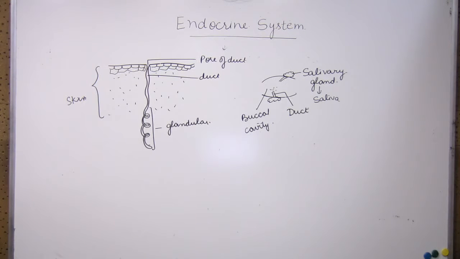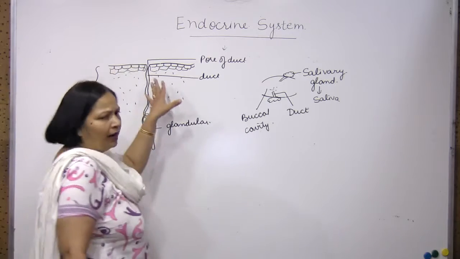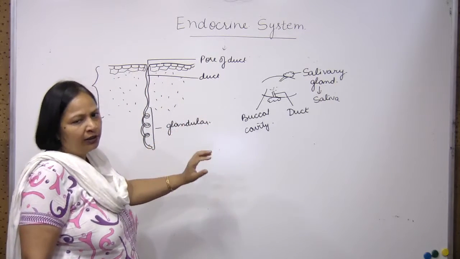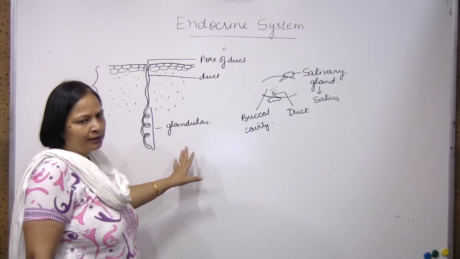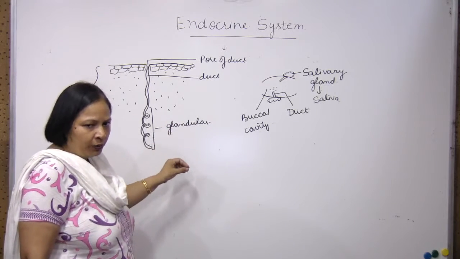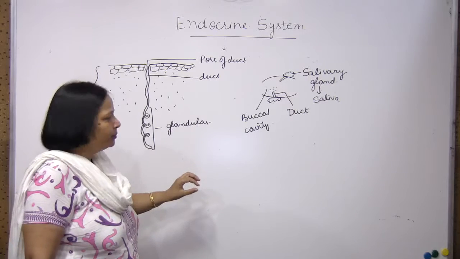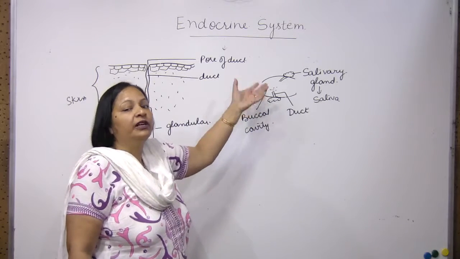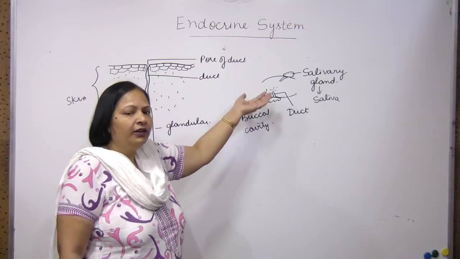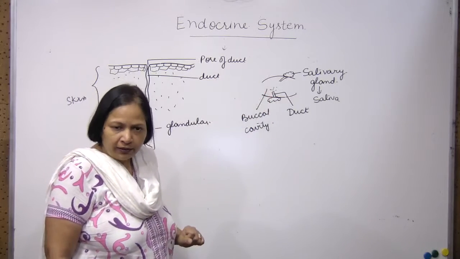Right, students? So now you know how exocrine glands function. Exocrine glands secrete certain substances, they secrete watery fluid, they secrete enzymes, and they pour their secretions through ducts. Where do they pour their secretions? Where these secretions are required, isn't it?